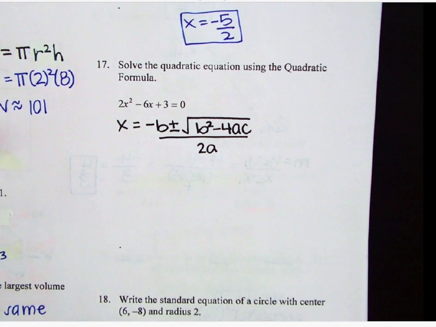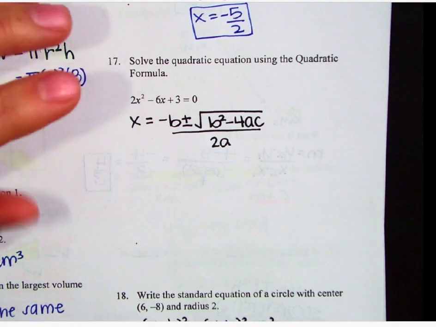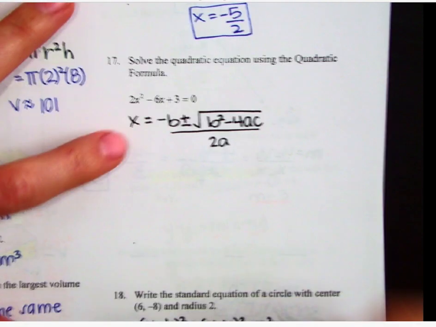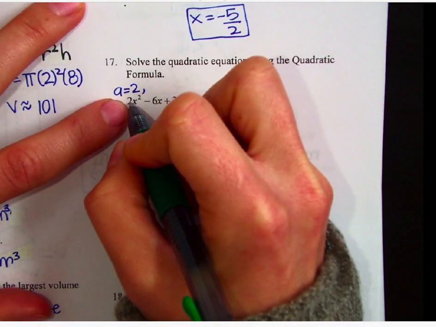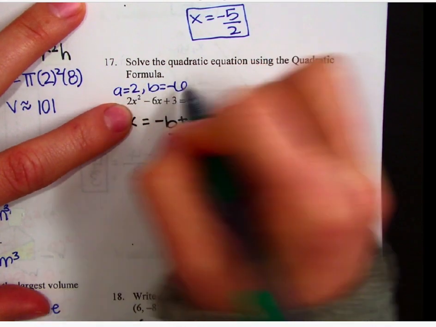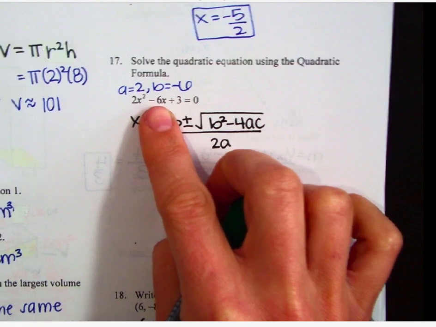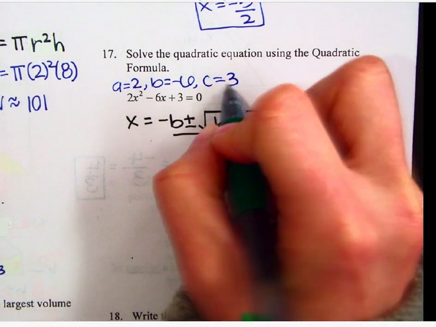In number 17, we're asked to solve using the quadratic formula. I went ahead and wrote down the quadratic formula for us here. We need to memorize this, where we need to know that a is 2, our first coefficient, then b, the second coefficient, is negative 6, and then the constant 3 is c that we are going to use in the formula.